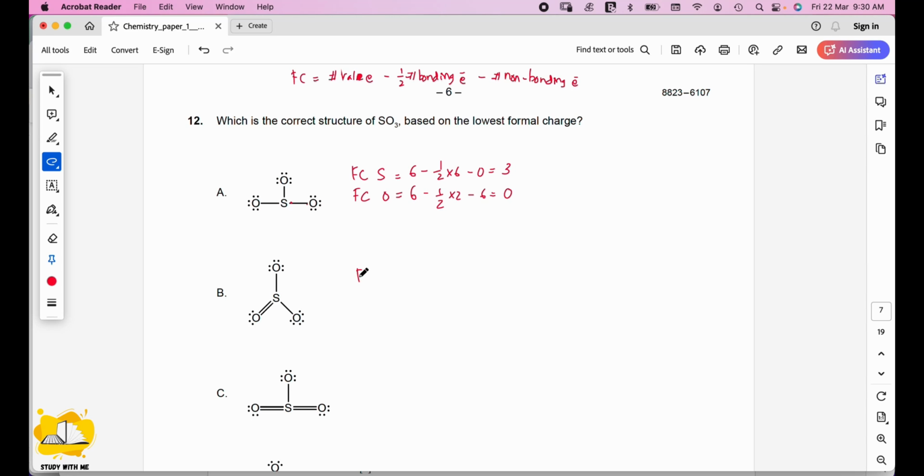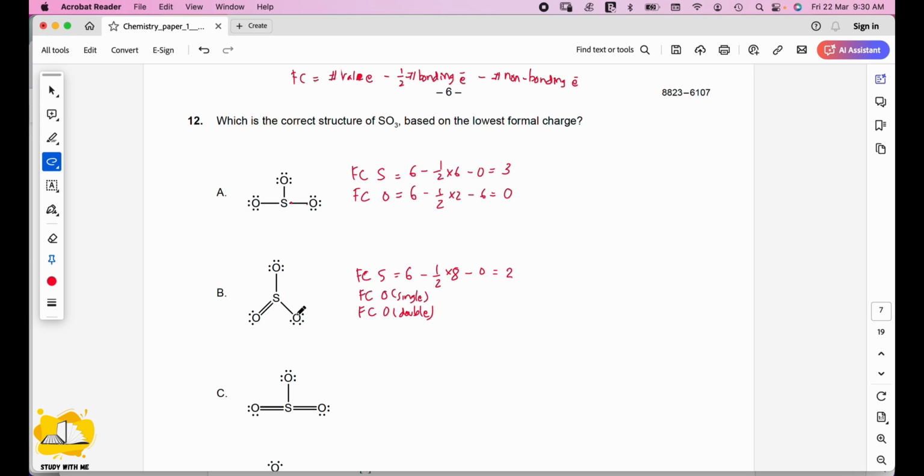And for sulfur here, it will be 6 again, the valence electrons of sulfur, minus half, so it has 1, 2, 3, 4, 5, 6, 7, 8, and there are no non-bonding electrons, so 0, that will be 2. And there will be 2 for oxygen, so there is a single bond and then there is a double bond.